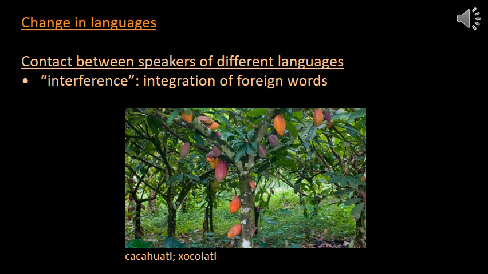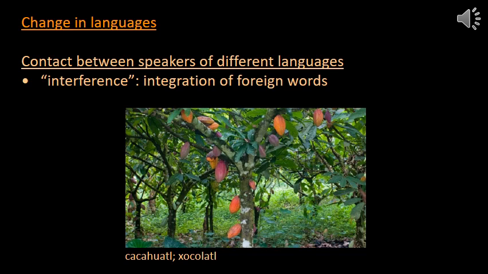This contact can be positive, like trade, which was a major reason why languages have changed, diplomatic relations, and today tourism and immigration. But there are also negative contacts between populations, such as conquests or international conflicts.